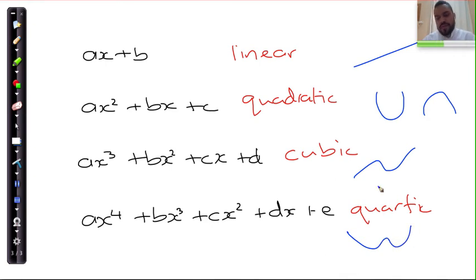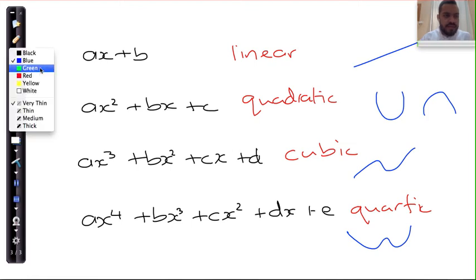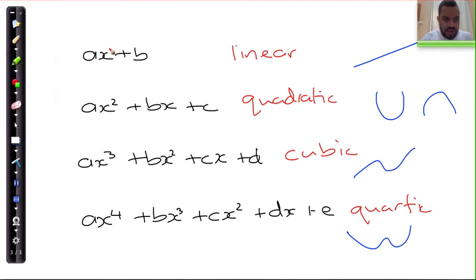Now I want you to take a minute and tell me, what do you think the relationship is between what we call the degree, which is power of 1 over there, this is to the power of 2, this is the power of 3, this is the power of 4? What is the relationship between the degree, in other words, the highest or the leading exponent, and the number of turning points that you see over here?